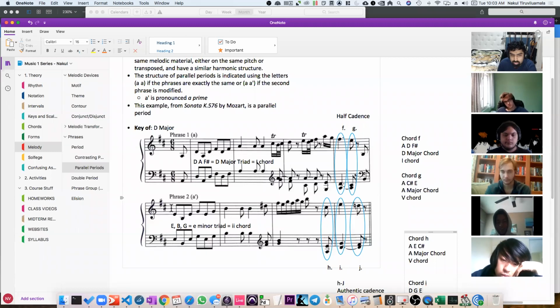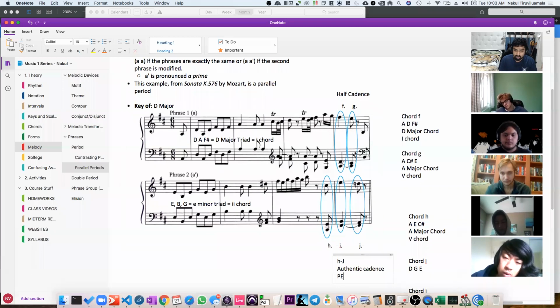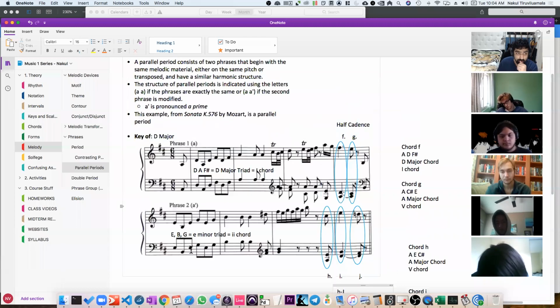The second is that the first phrase ends in a weak cadence, a half cadence, and the second phrase ends in a strong cadence. In fact, not just an authentic cadence, but a perfect authentic cadence. And that is really what makes this a parallel period.